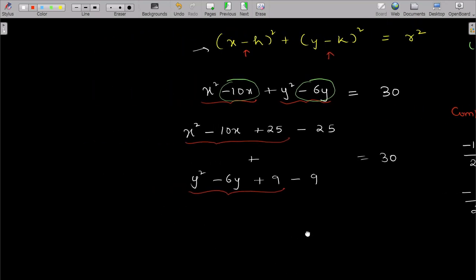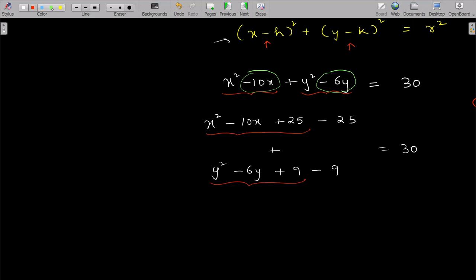Now I want to ask you, have you seen this formula, Anika? A plus b whole square gives us a square plus 2ab plus b square, and a minus b whole square gives you a square minus 2ab plus b square. Have you seen these formulas? Yes.